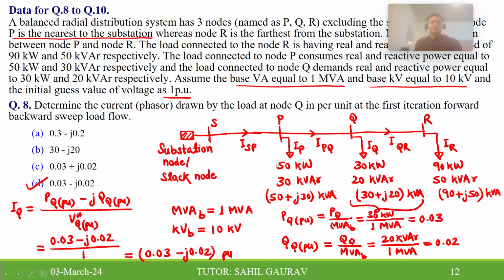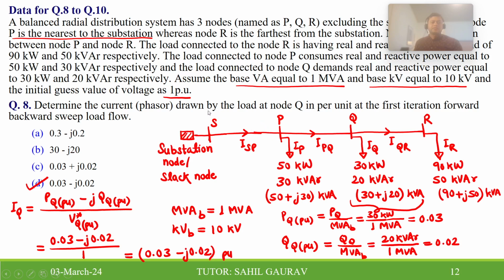So we have to find the voltage at P, and for finding the voltage at P, we have to find the total current ISP. How we can find the ISP? Line current flowing from the substation node to the node P is equal to the total load currents. Total load current is IP plus IQ plus IR. Since we have found the load current at node Q and node R, now in this problem we have to first find the load current at node P, and then we can find the line current ISP.